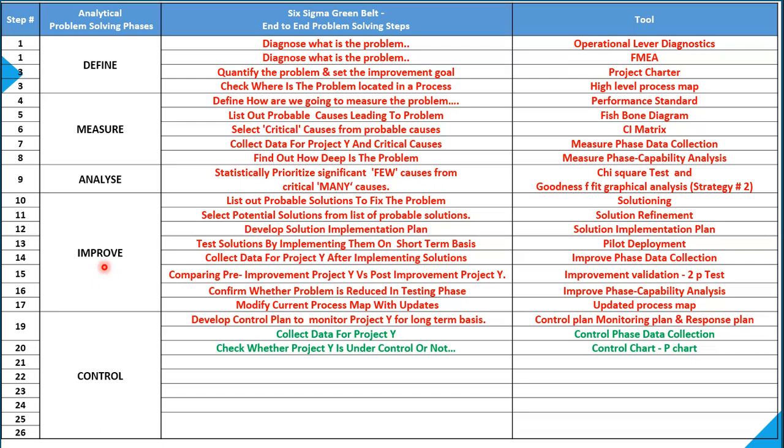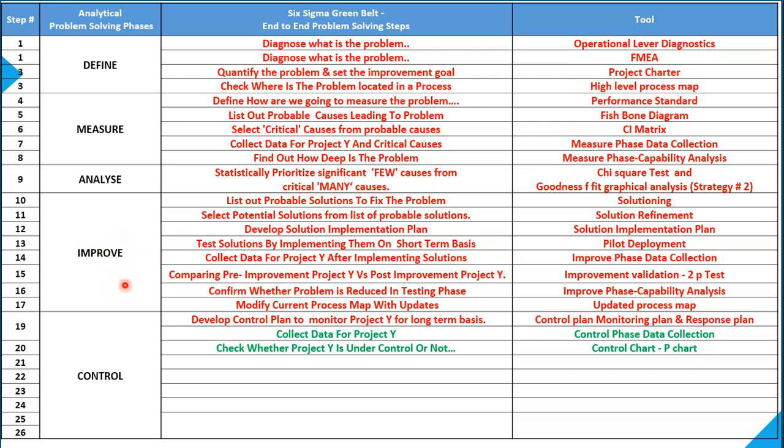All it indicates is these 3 or 4 causes out of those 20 or 25 causes will have maximum impact on Y. So if we could curb or fix these causes with appropriate solutions, it will improve the performance of our Y. And that is why we are using statistical foundation in analyze phase. That's the beauty and the power of Six Sigma as an analytical problem solving tool set. So let's continue with the improve phase.